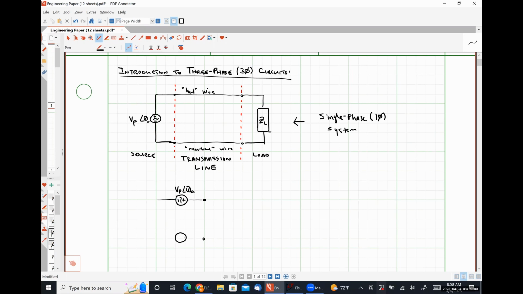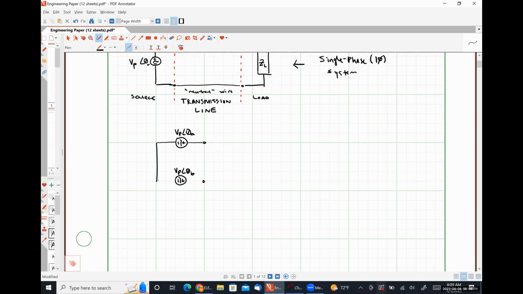We're going to have another voltage source here, where we're going to have a phase voltage, exact same magnitude of voltage, but the angle is going to be different. So theta B. And then down here, we'll have a third phase voltage with an angle of theta C. And all of this represents our source.